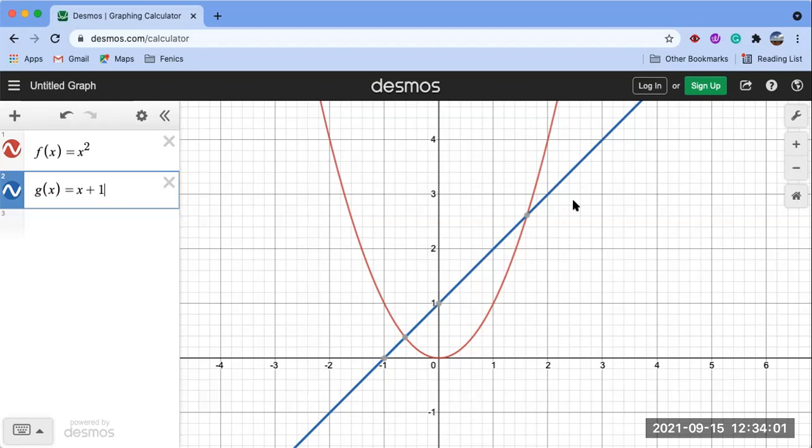The slope will tell us how steep the line is. So at x is equal to 1, what is the slope at this point? How about at x is equal to 2? Every point on this line has the same slope, right? But at different points of the function x squared, they will have different slopes.